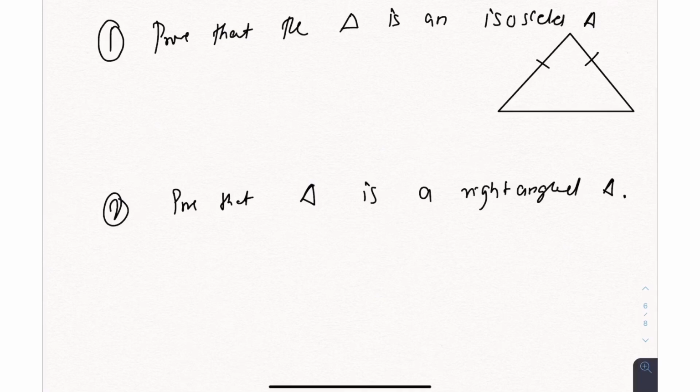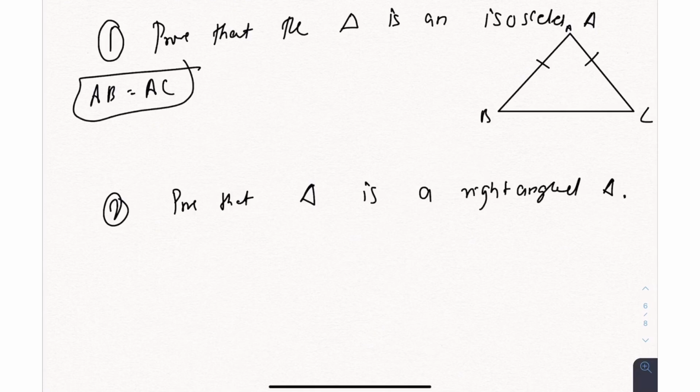Suppose I'm naming them as A, B, and C, this notation says AB is equal to AC. This means to prove that a triangle is isosceles, we have to show that any two lengths, any two distances, are equal. So in this case AB is equal to AC. This is just an example. ABC is an isosceles triangle because AB is equal to AC.